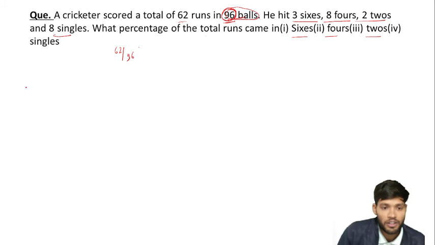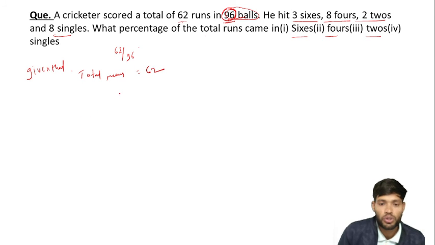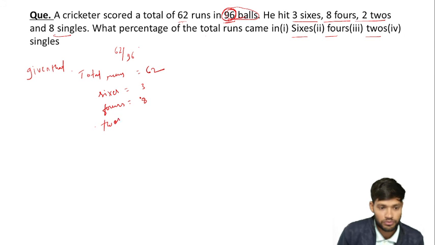So first of all, given that total run is equal to 62, sixes 3, fours 8, twos 2 and singles is equal to 8 singles.